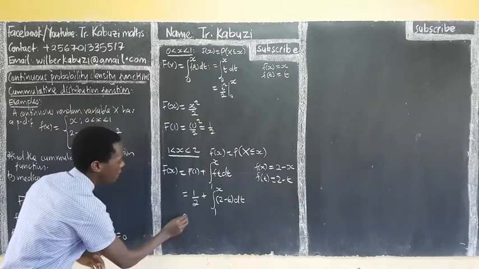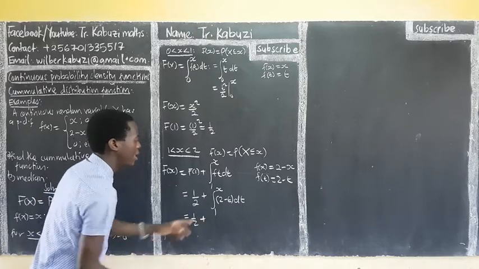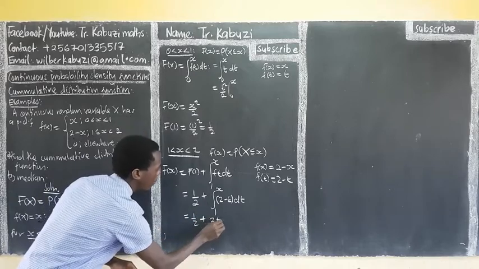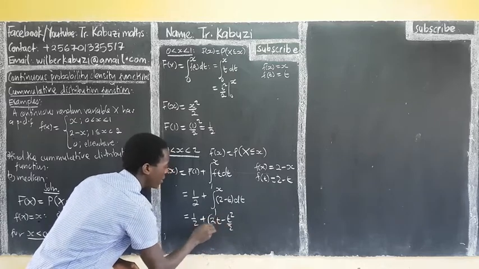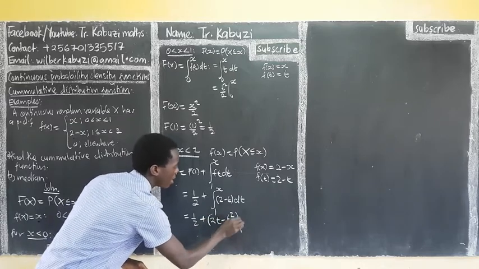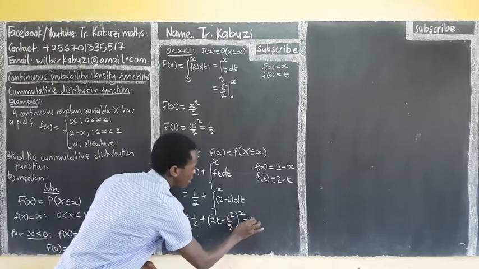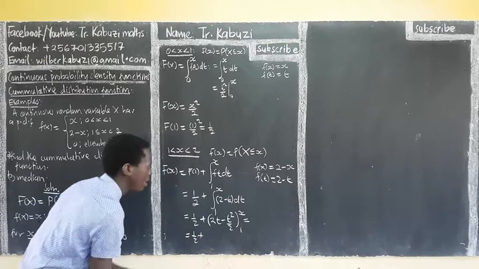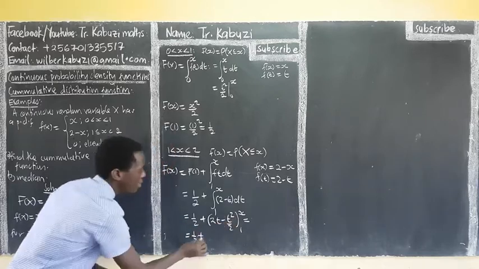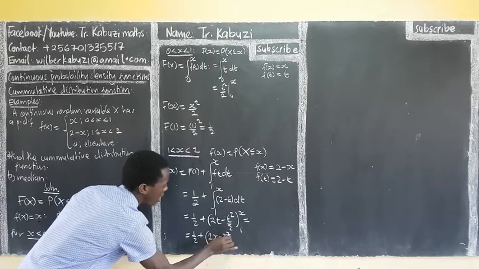So this will give us a half, then plus, on integrating, we get 2t minus t squared over 2, from 1 to x. This will give us a half, then plus, substituting x, when I put in x there, I have 2x minus x squared over 2.